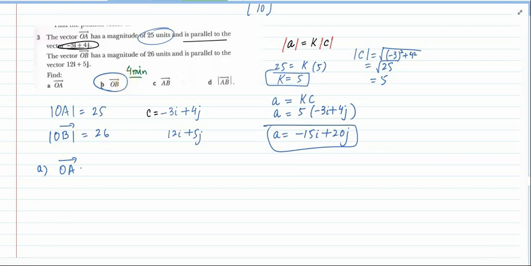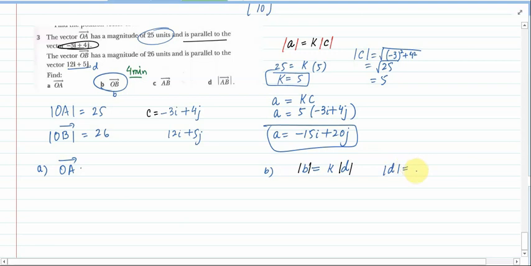Alright, so firstly let's suppose that OB is B and this vector here is D. So for part B, B is equal to K times D. Since we are dealing with magnitude, I am going to apply the sign of modulus here. The magnitude of D we can find easily.